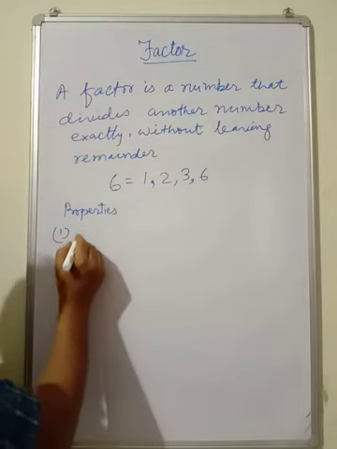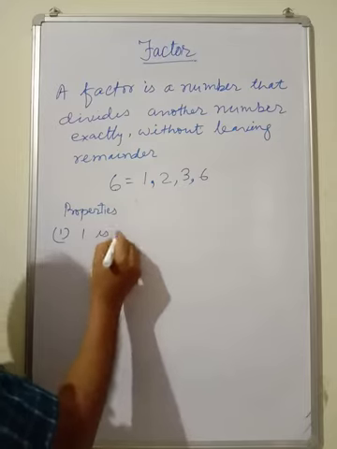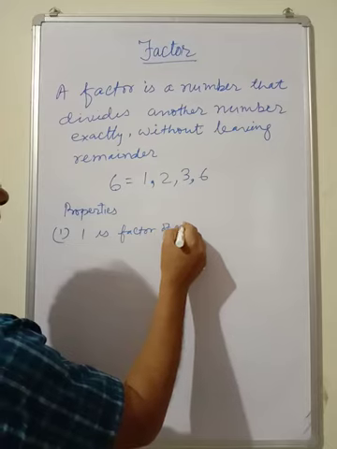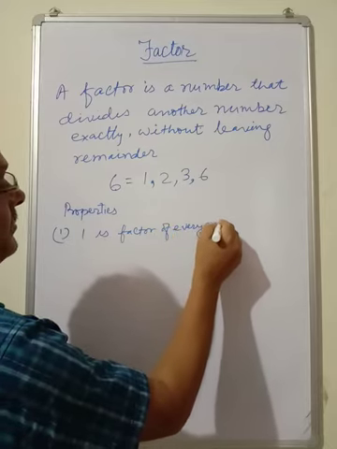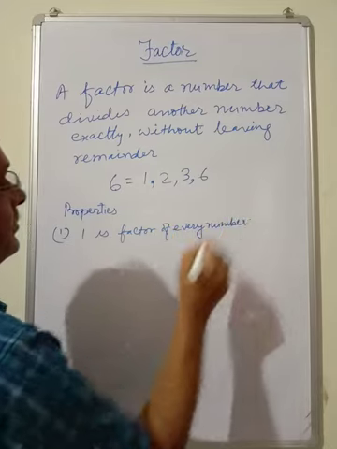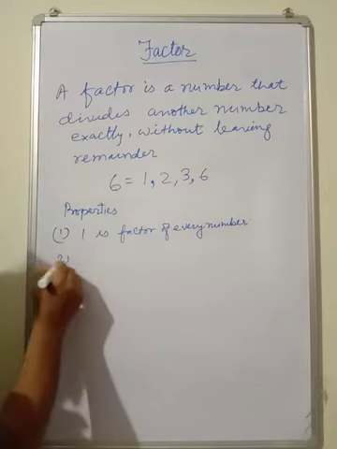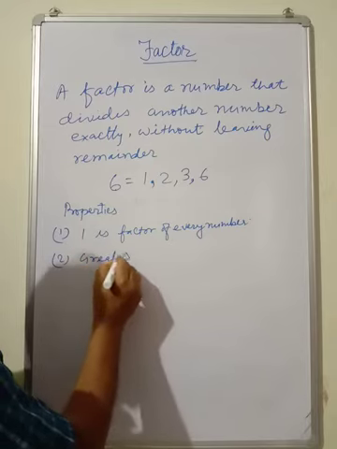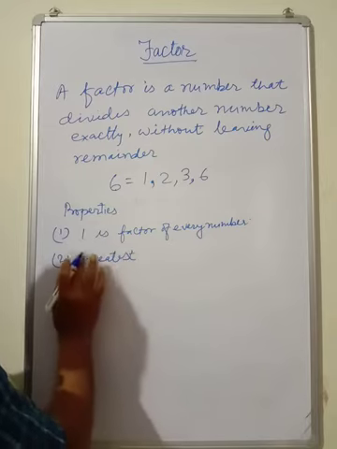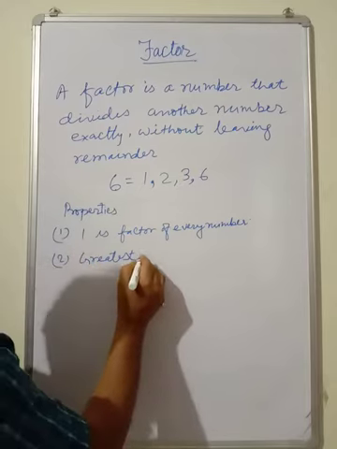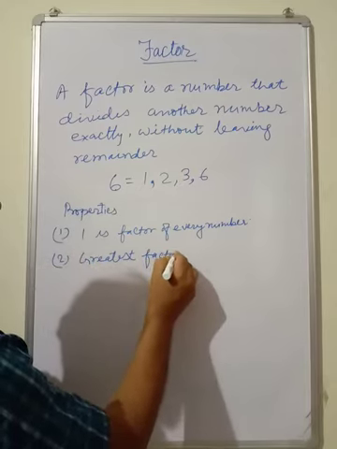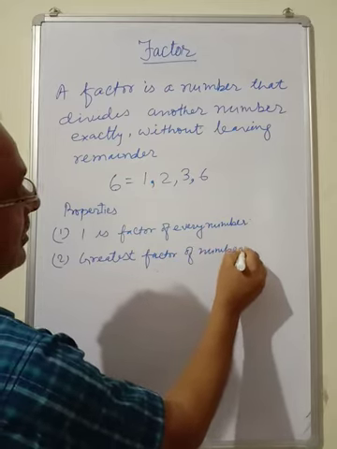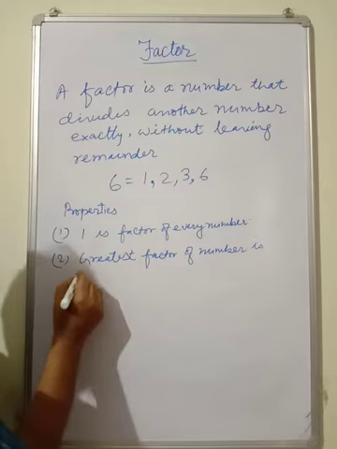First property, 1 is a factor of every number. Second, the greatest factor of a number is the number itself.